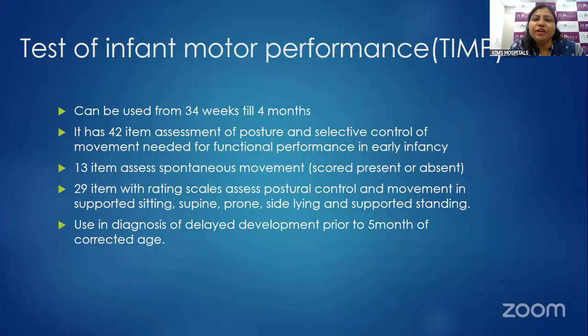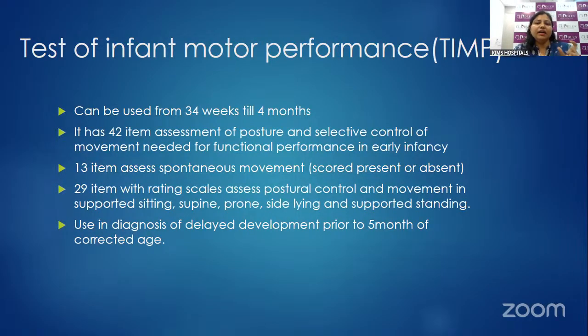Then the Test of Infant Motor Performance. It can be used from 34 weeks till around 4 months of age. It has 42 items to assess, which include posture, movement and postural control, basically in sitting, supine, sidelying, and supported standing.